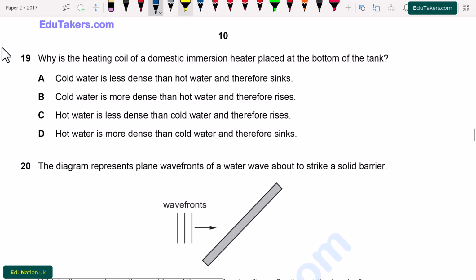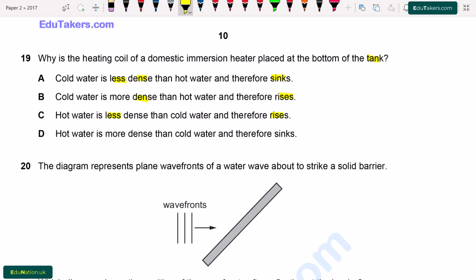Question number 19. Why is the heating coil of the domestic immersion heater placed at the bottom of the tank? Option A. Cold water is less dense than the hot water and therefore sinks. Option B. Cold water is more dense than the hot water and therefore rises. C. Hot water is less dense than the cold water and therefore rises.